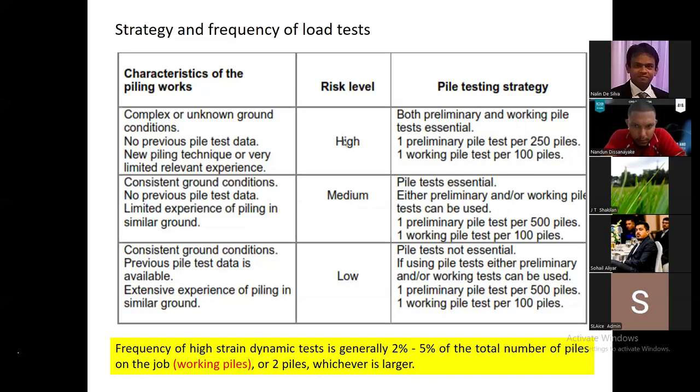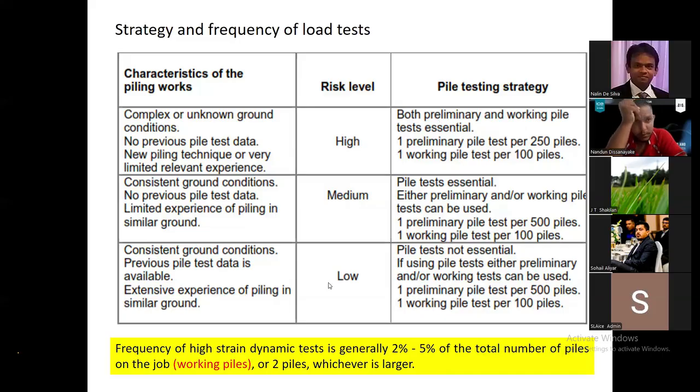Similarly, if the testing data are available and the ground condition is more or less investigated, and the construction company has experience in constructing piling in similar conditions, the criteria is relaxed.